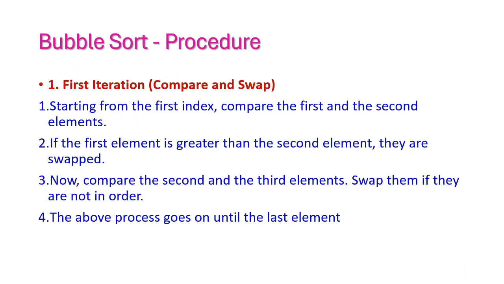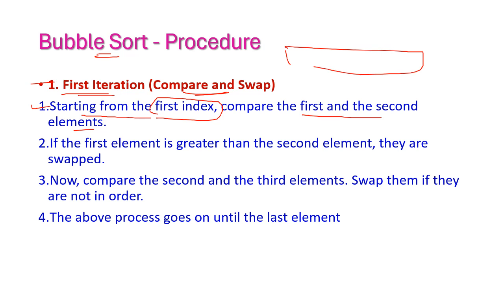Let us see how the bubble sort is actually working. In the first iteration, that is the compare and swap iteration, step 1, the search will start at the first index and compare the first and second elements. If the first element is greater than the second element, then they will be swapped.